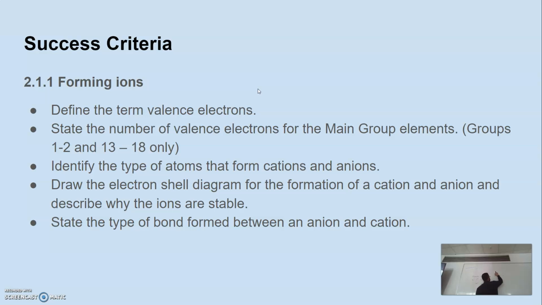Poly means many, so that means atom, and ion means charged particle. So for example, sulfate, SO4 2 minus.